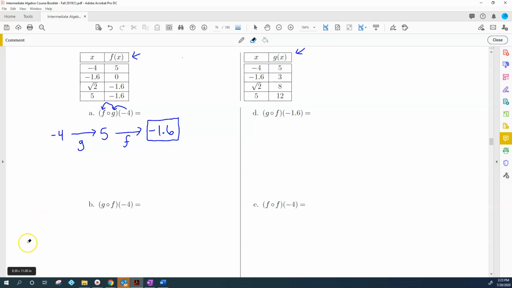Type in what you get for your answer in the chat box so I can see what you're coming up with.